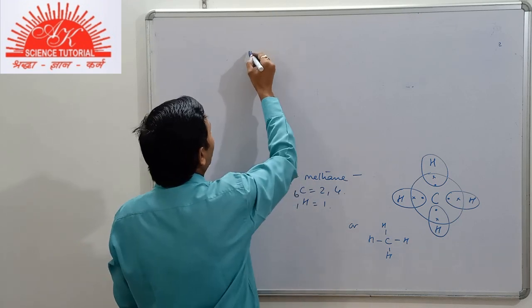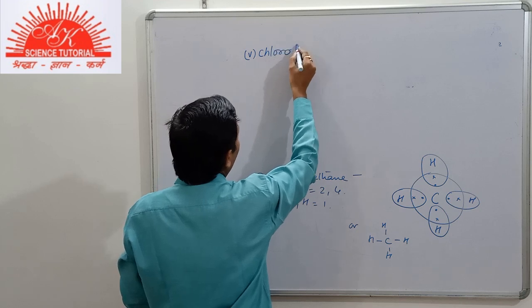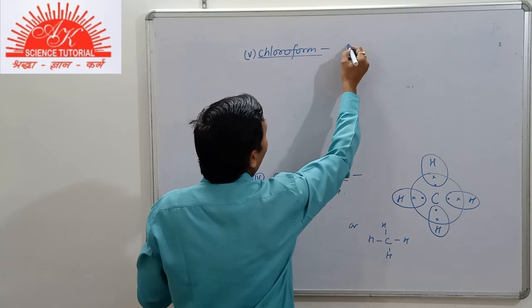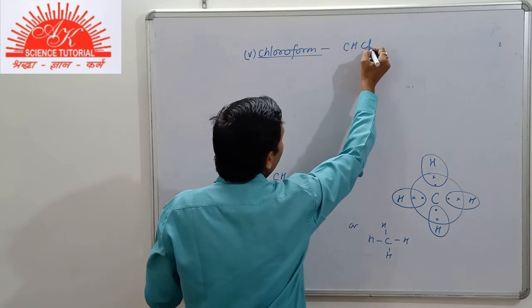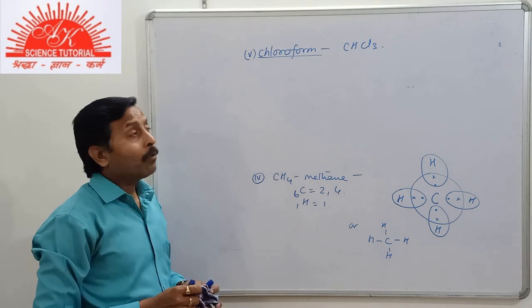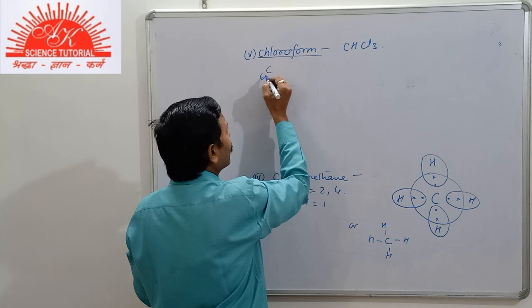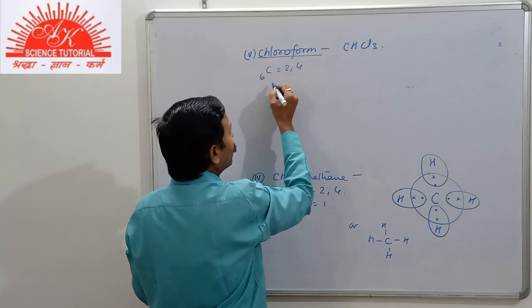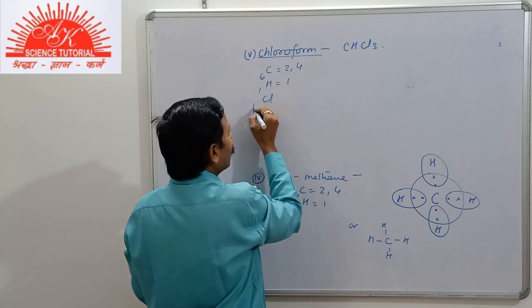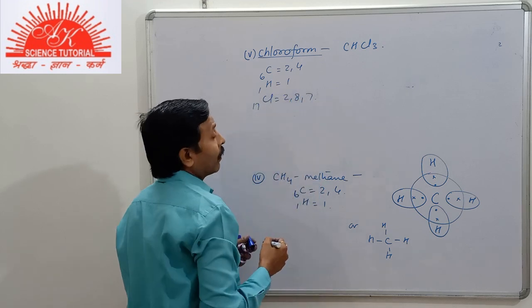Suppose another example is chloroform. The formula is CHCl3. Now again you see here, carbon has atomic number 6, configuration 2, 4, hydrogen 1, configuration 1, chlorine 17, configuration 2, 8, 7.